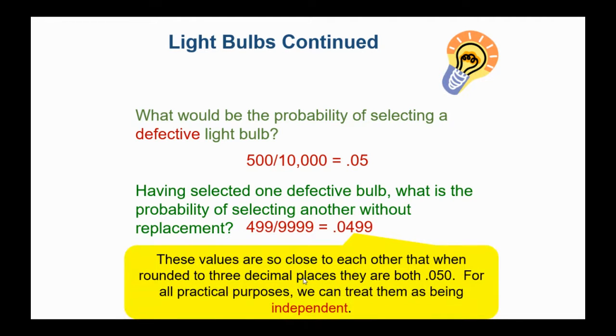So these values are so close, and this yellow box is full of blanks. These values are so close to each other that when rounded to 3 decimal places, they're both 0.050. So for all practical purposes, we're going to treat them as independent.